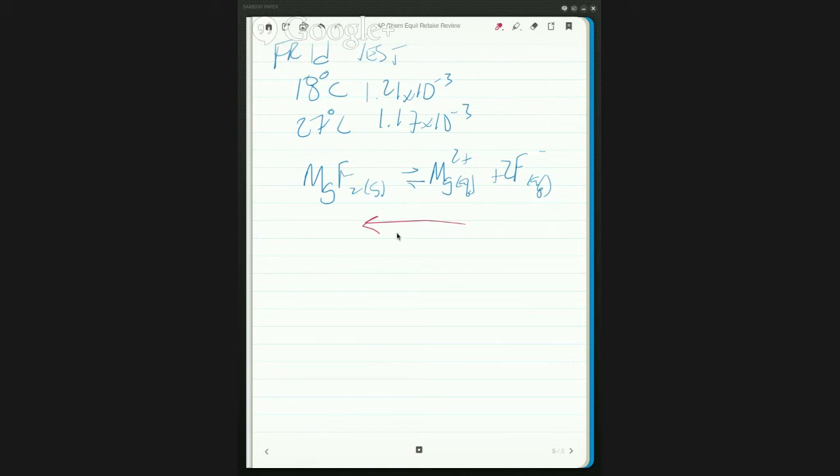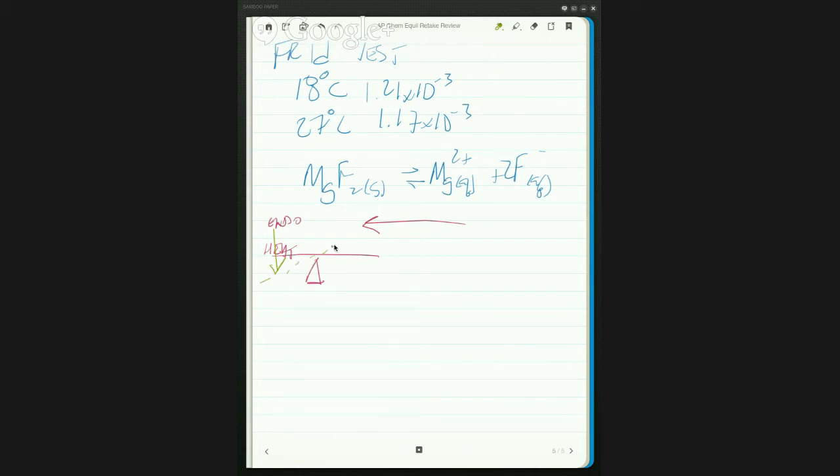Now, you have to look at it like this. Remember, I like the teeter-totter. If we make this an endothermic reaction, that means that heat is on this side. And if we increase temperature, that would be the same as pushing this side down.